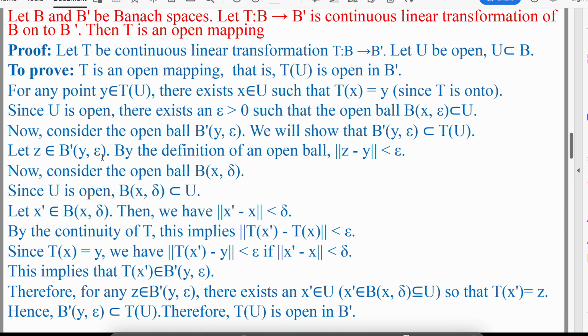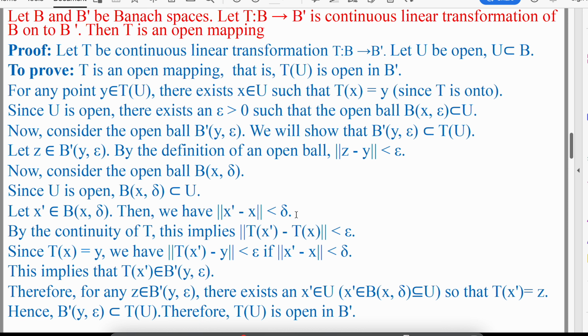By the definition of open ball, norm of Z minus Y is less than epsilon. Suppose we consider another open ball centered at X and radius delta. Because U is open, this ball is a subset of U. Let X dash belong to this ball centered at X and radius delta. By the definition of open ball, we have norm of X dash minus X is less than delta.